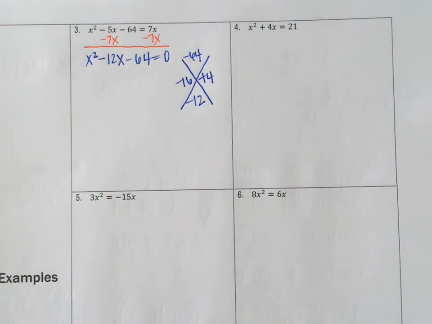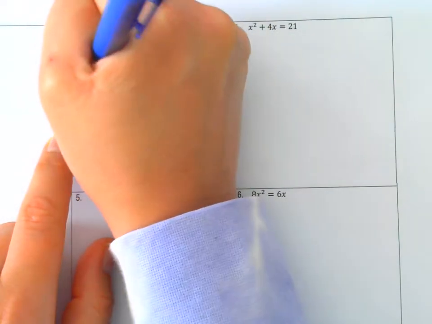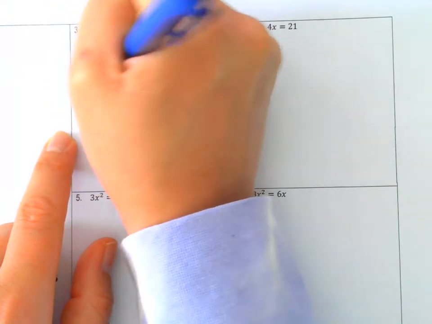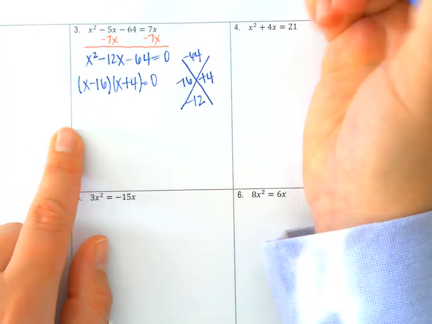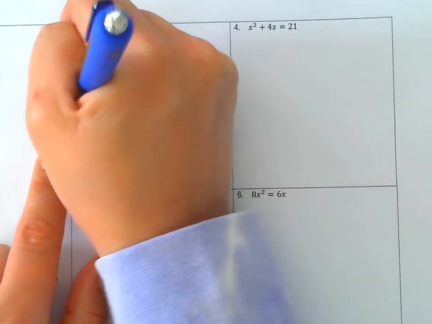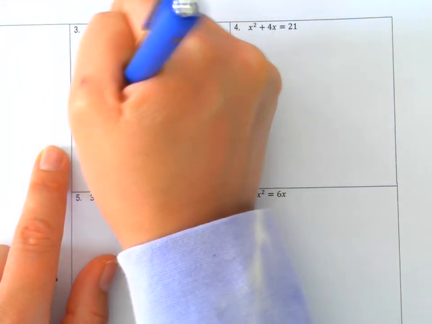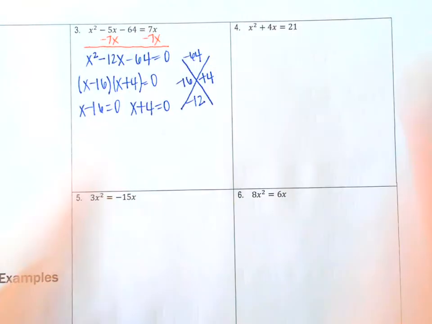Is a equal to 1? The answer is yes, so I can go straight to my shortcut: x minus 16 times x plus 4 equals 0. Now that it's fully factored, I can set each factor equal to 0 and then solve for x.